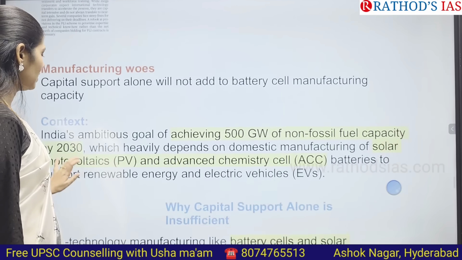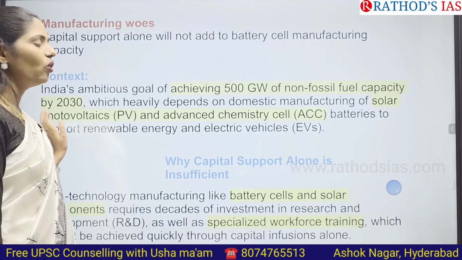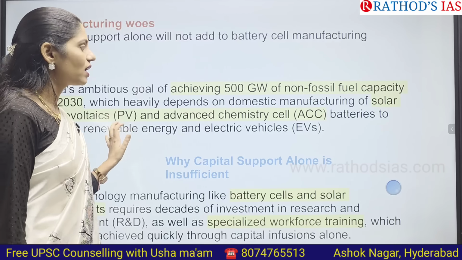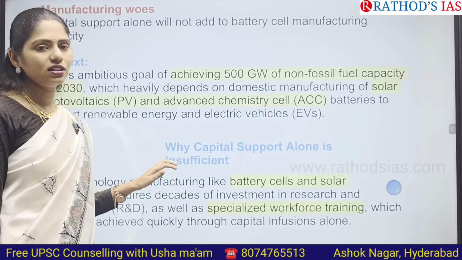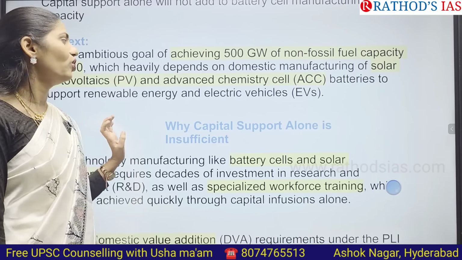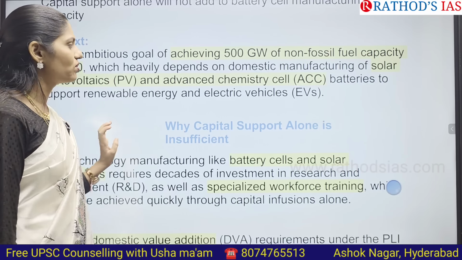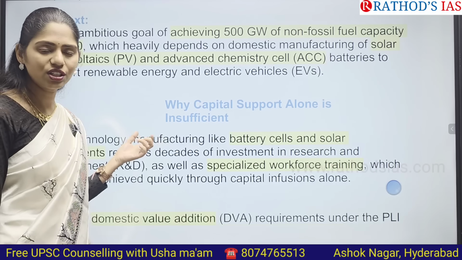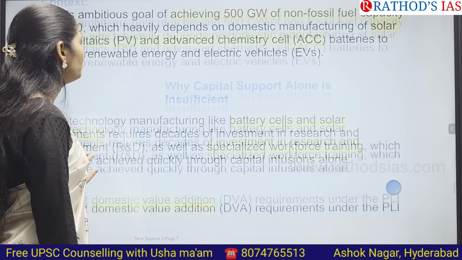Now let us see in detail. India has a goal of generating 500 gigawatts of renewable energy, and we are focusing on domestic manufacturing of solar photovoltaics and advanced chemistry cell batteries. Those will support electric vehicles as well as renewable energy.